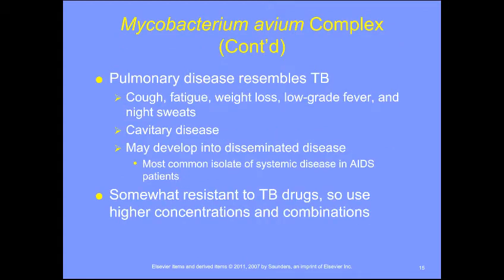So, the MAC or the Mycobacterium avium complex causes pulmonary disease that resembles TB, yung cough, fatigue, weight loss, low-grade fever, and night sweats. You have cavitary diseases, tapos may develop into disseminated disease. Again, this is most common isolate of systemic disease in AIDS patient.